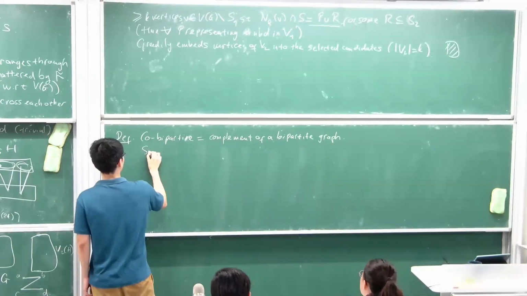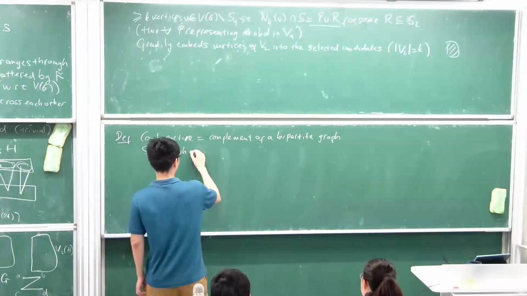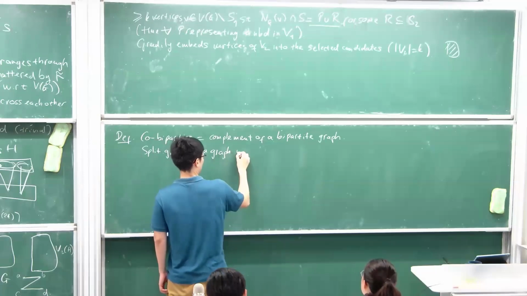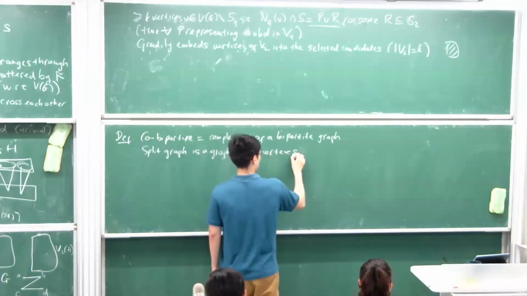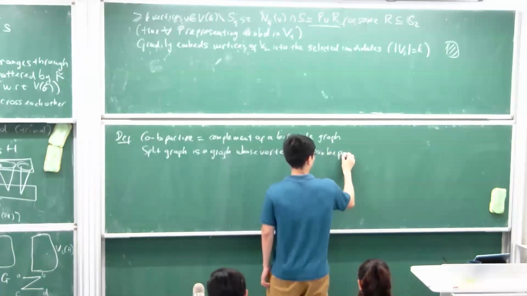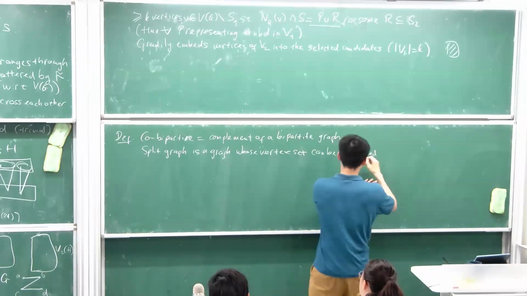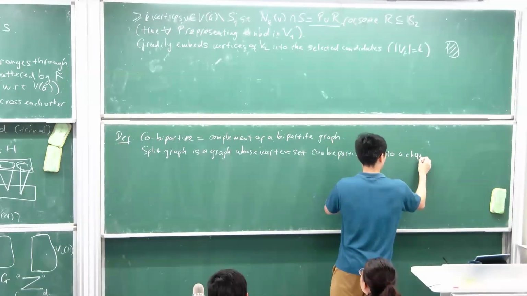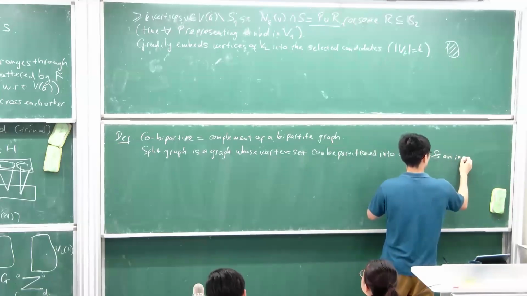And a split graph is a graph whose vertex set can be partitioned into a clique and an independent set.